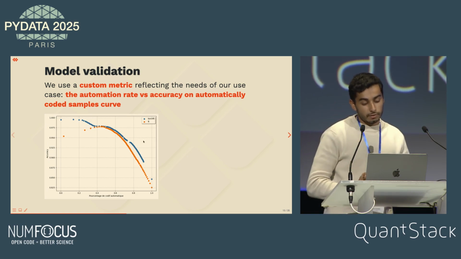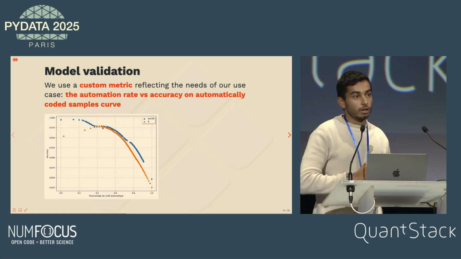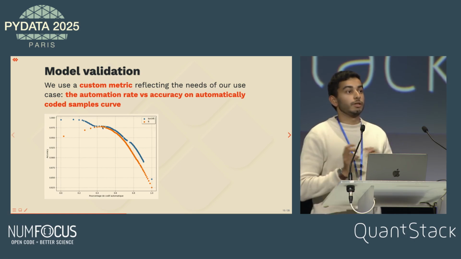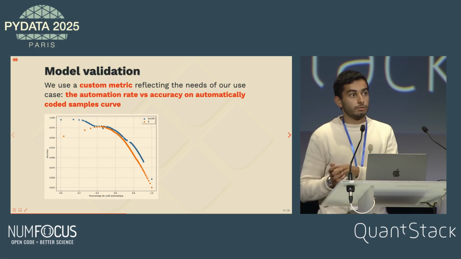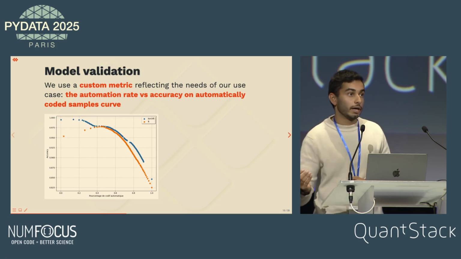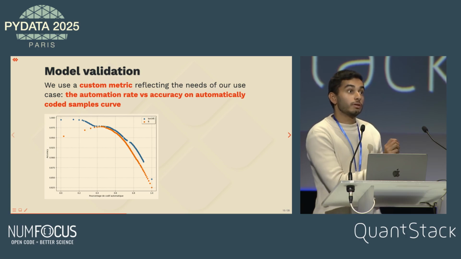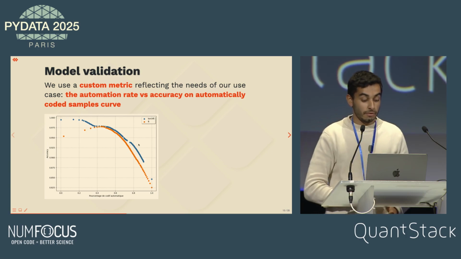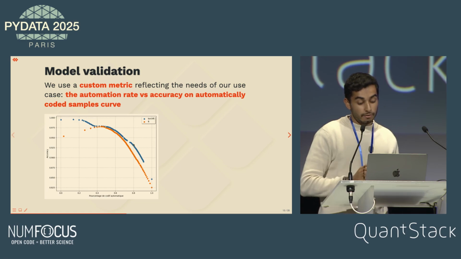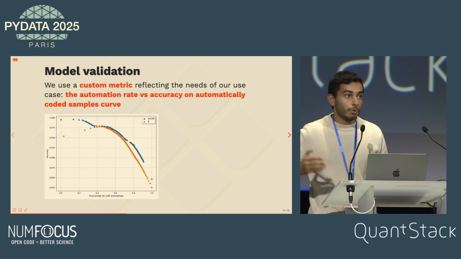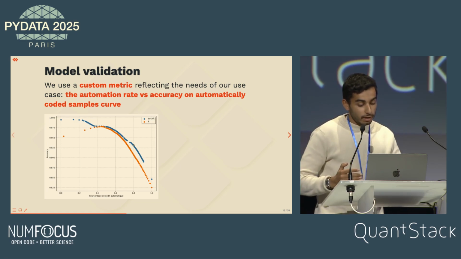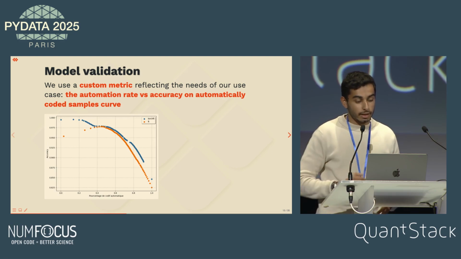So basically, if you have a low confidence threshold, you code a lot, but you are making mistakes. And if you have a high confidence threshold, you code less automatically, but you have a higher accuracy. And then it's up to the production teams to choose the threshold that they want. So for instance, if they choose this threshold here, they will code automatically 80% of the samples, but they will have a lower accuracy than if they were coding less.